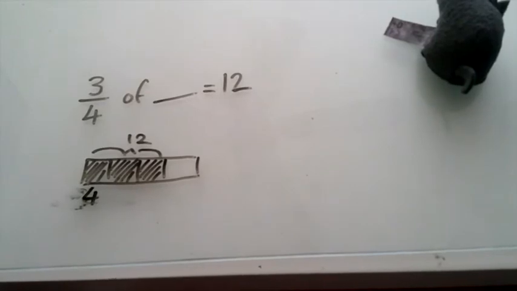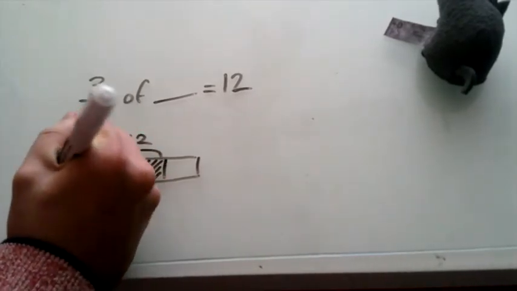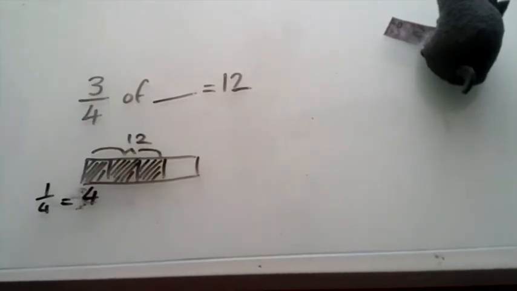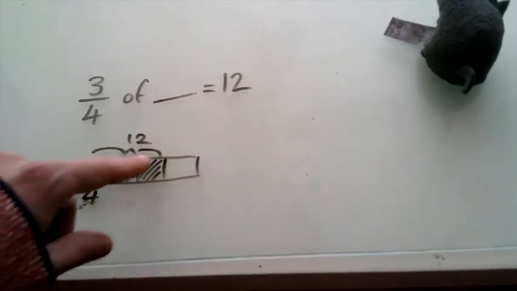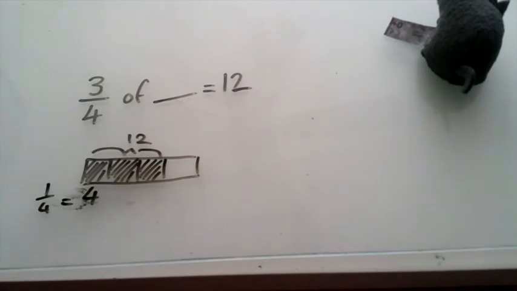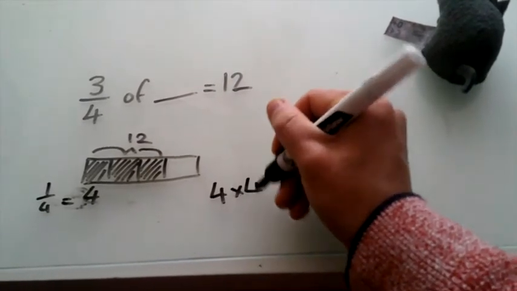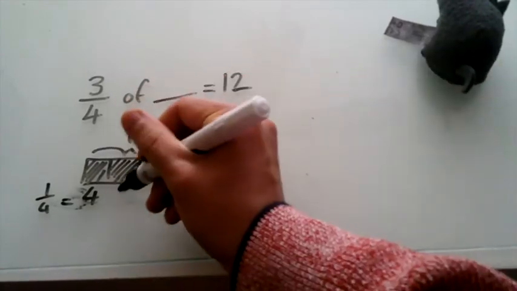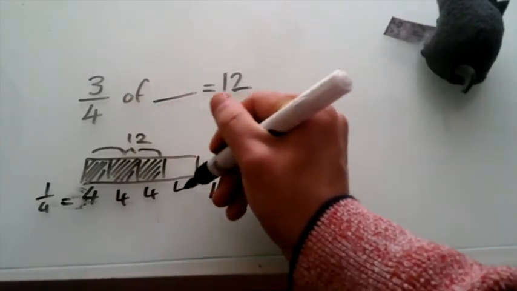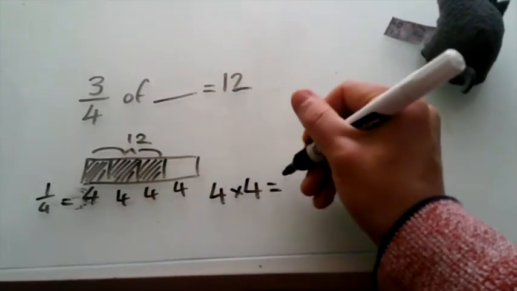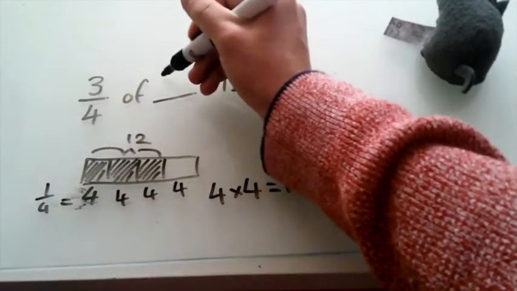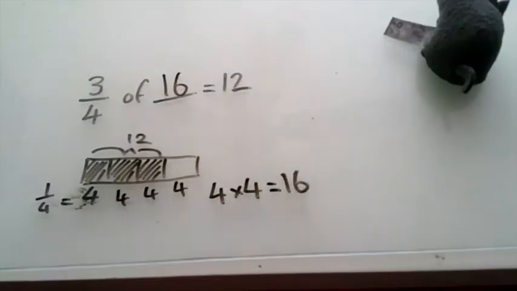And now we know what 1/4 is, because a quarter equals 4, we can now do 4 times by however many segments there are, which is 4. So it's 4 times by 4, because we've got 4, add 4, add 4, add 4. So 4 times 4 equals 16. So the whole amount is in fact 16.